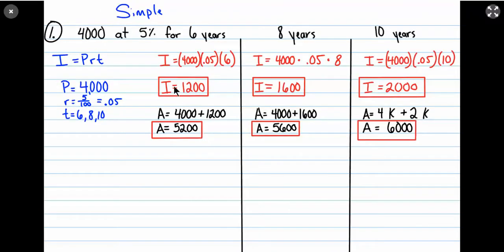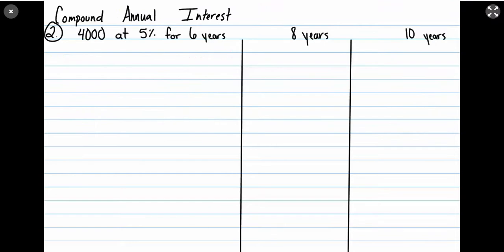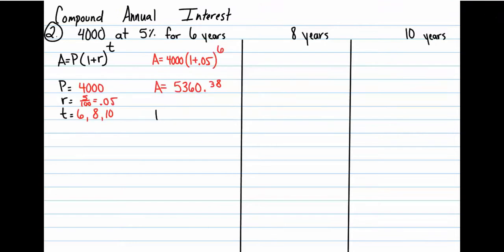I got I equals 1,200, but over here, I'm seeing something else. So what I want to be able to do is compare. See, this answer gave me A, the total, and I want you to compare the I. All right, so what I'm going to do is, to find the interest, I take away the amount I borrowed, and whatever's left must be how much I was charged in interest.